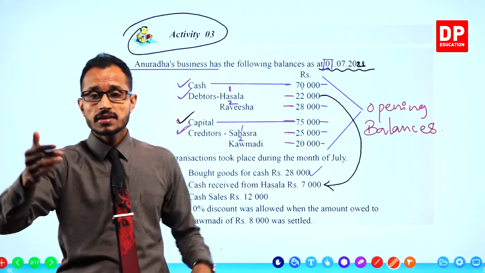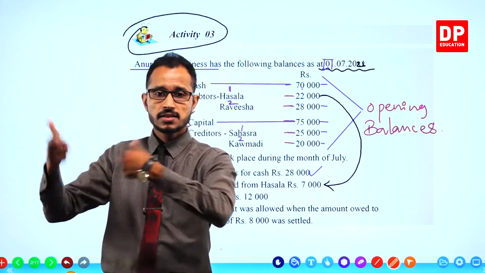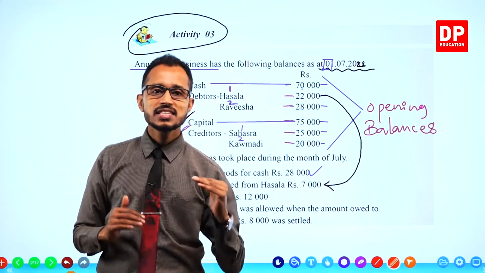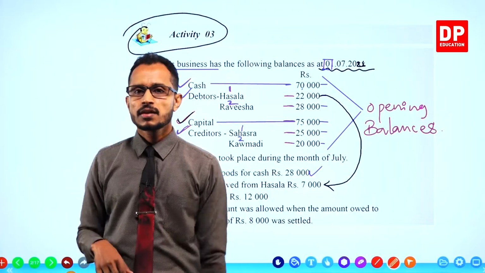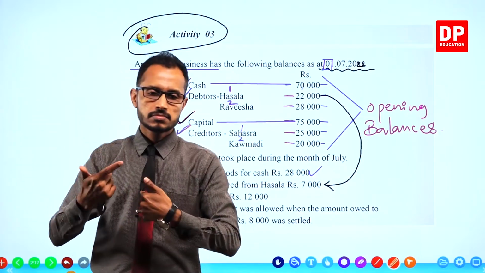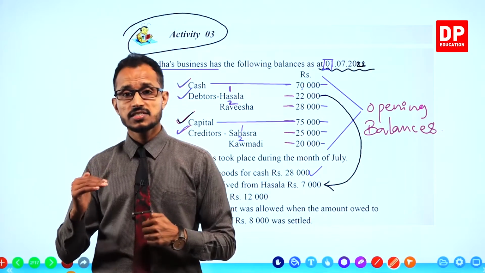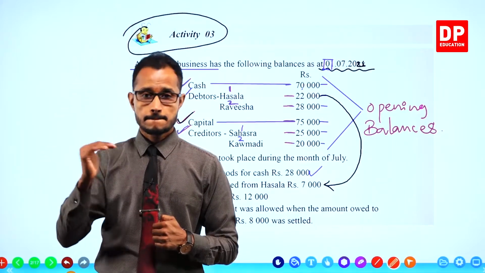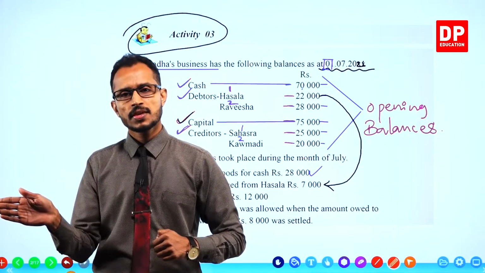Cash coming into the business. Cash in. Cash coming in means cash is increasing. Cash increasing, debit. We are getting cash. That means the business cash is increasing. Cash increasing means debit. Cash debit, cash book debit. Which account is credit?